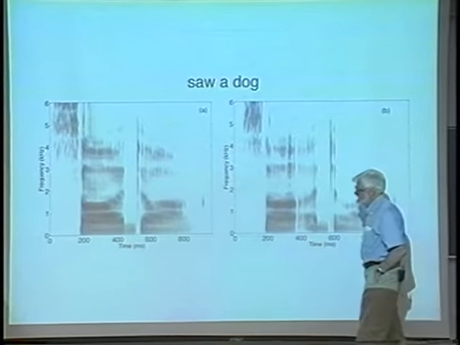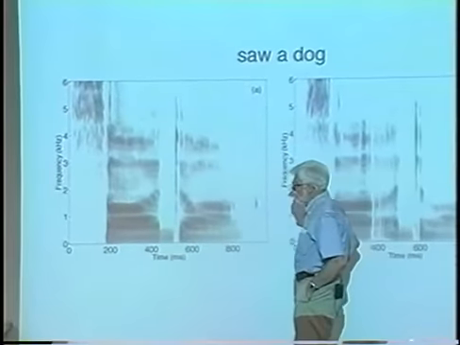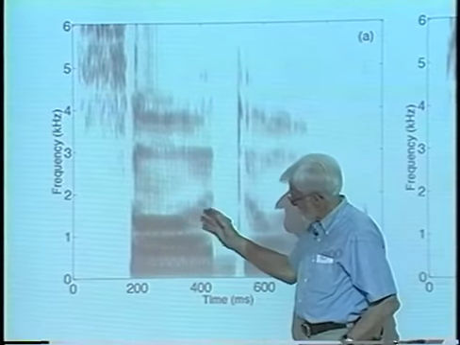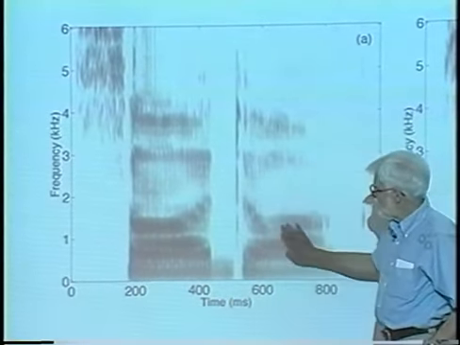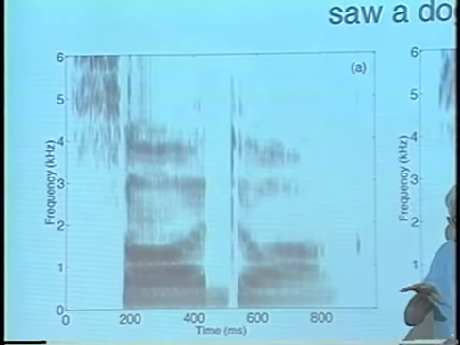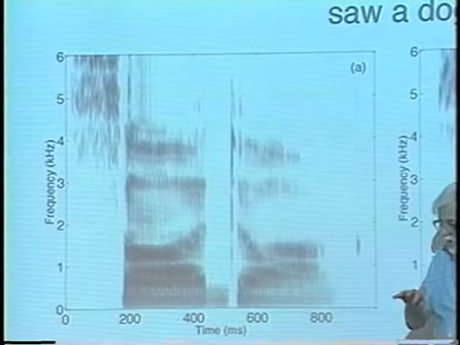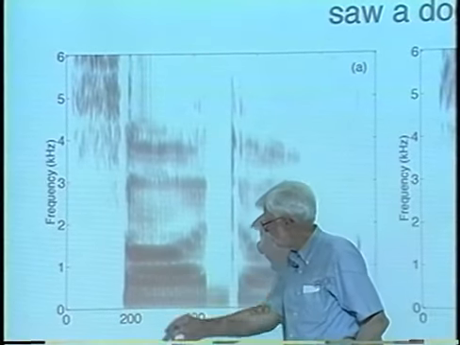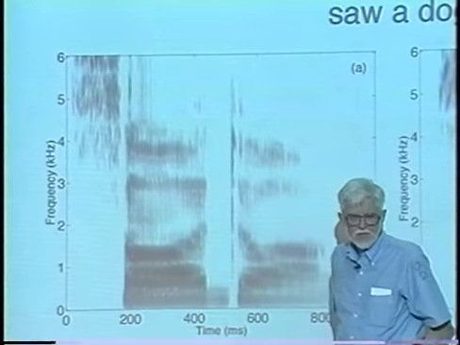So if I have an utterance like "saw a dog", which should have three vowels in it, "saw", and somehow the "a" comes in here, and then this is the third one. If you're looking at the acoustic representation of a landmark as some peak in low frequency amplitude, you're probably going to miss this one. Okay.